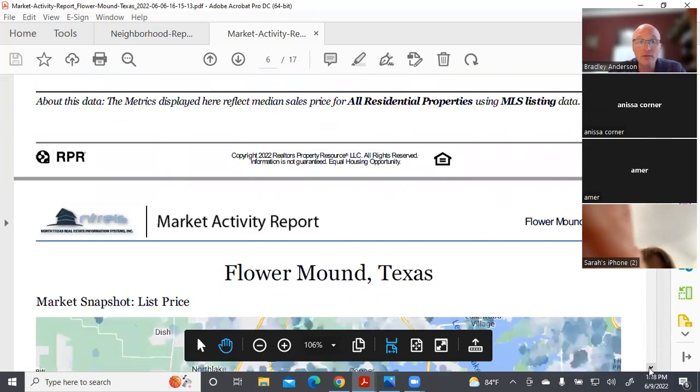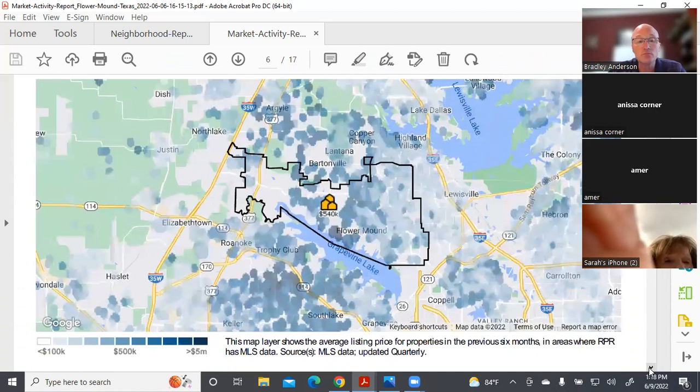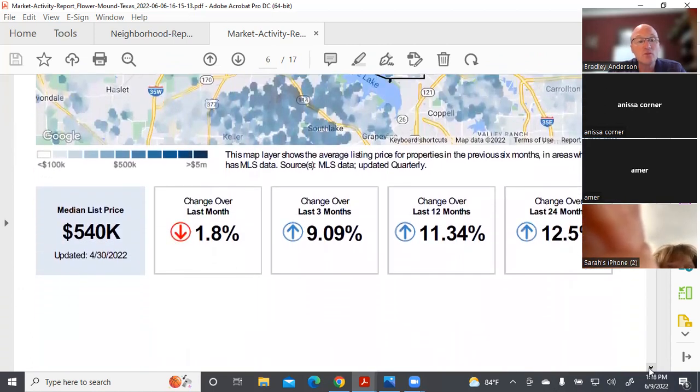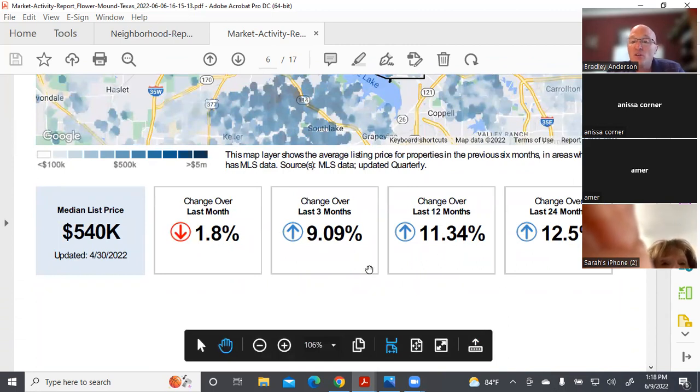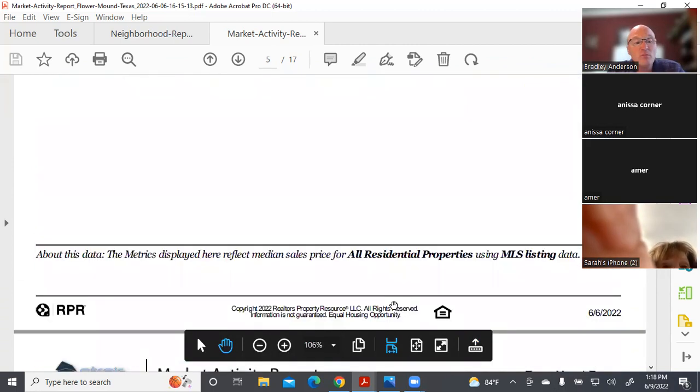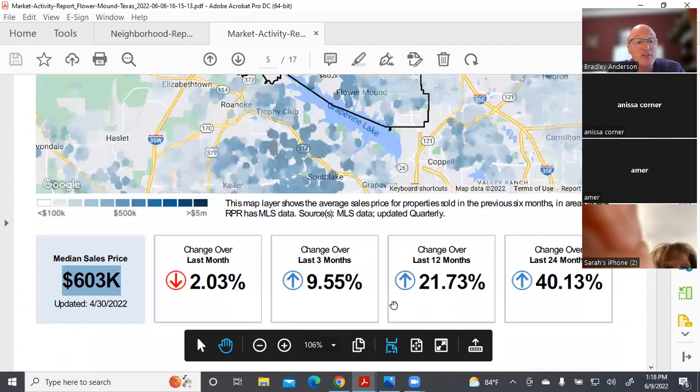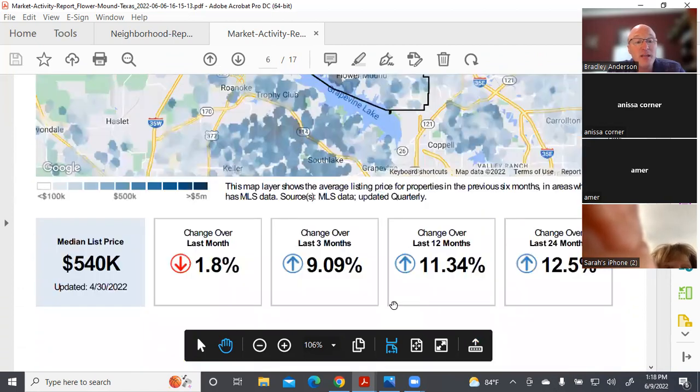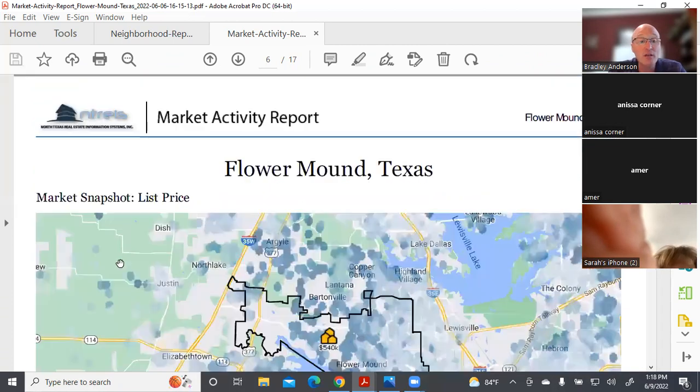Okay, let's scroll down. Median list price. Oh, sorry. So that was median sales price. This is median list price. So boy, that's a pretty stark reminder of what's been going on. So the median list price was $540.